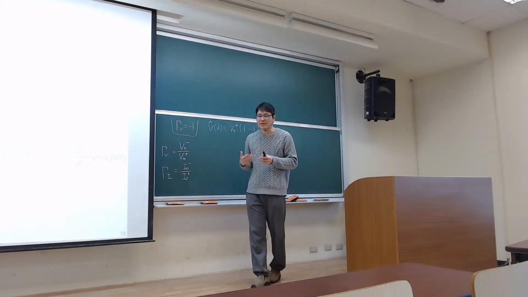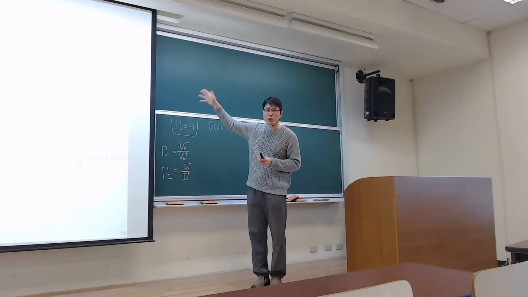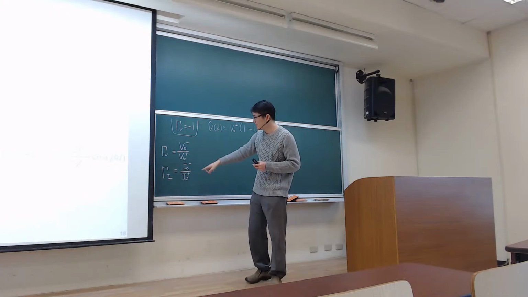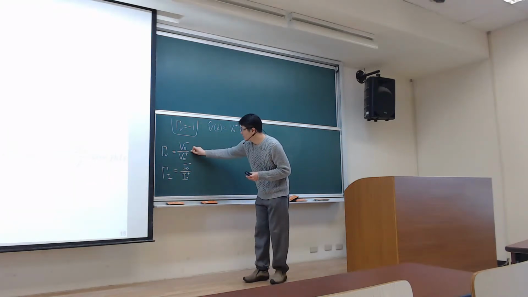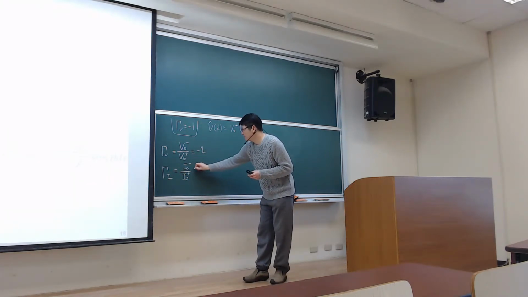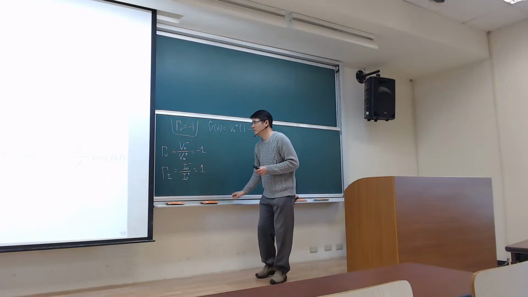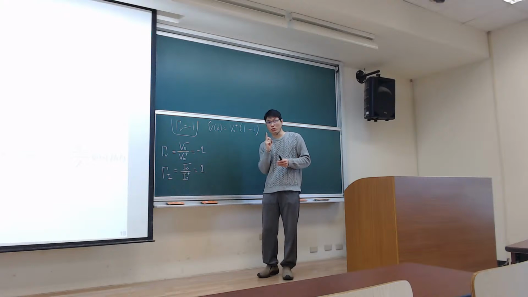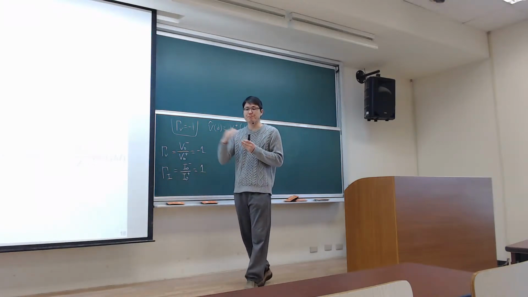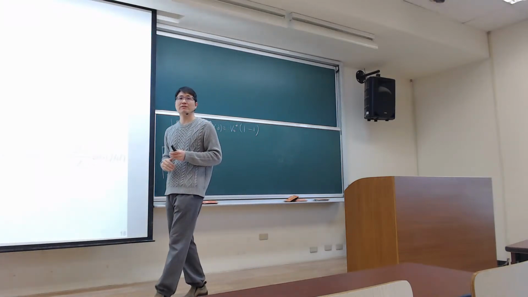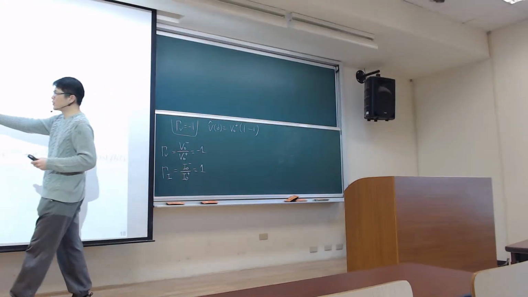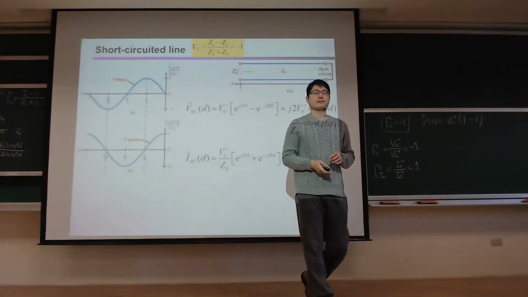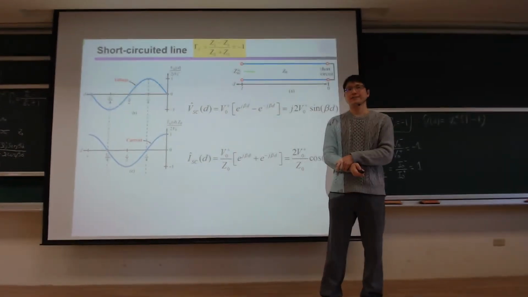You will see that in this case, when the short-circuited transmission line, your gamma V is -1, but gamma I is 1. So you will have the maximum value of current at the short-circuited termination. Right?